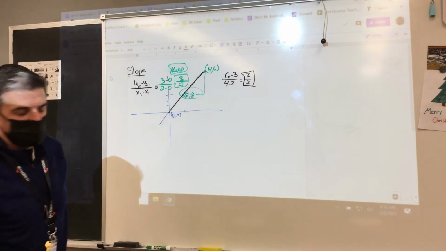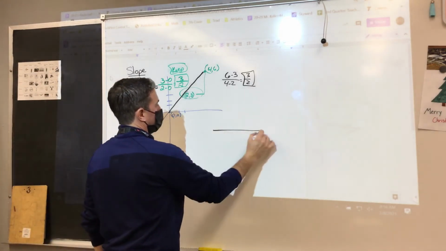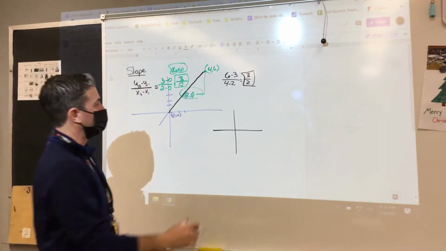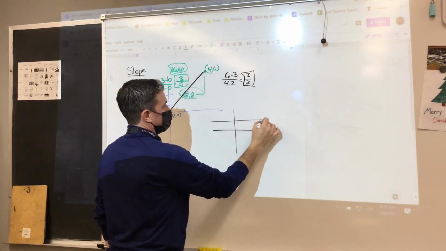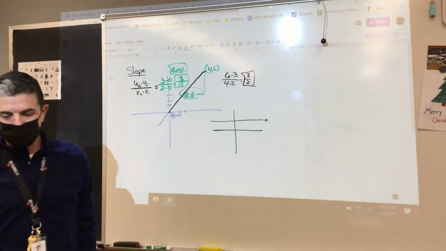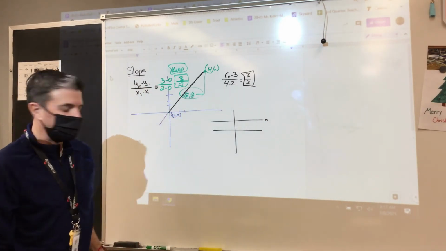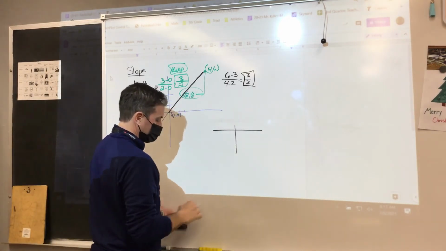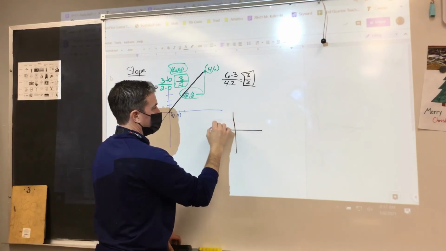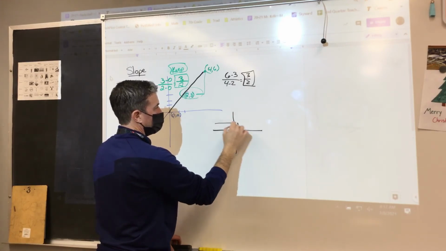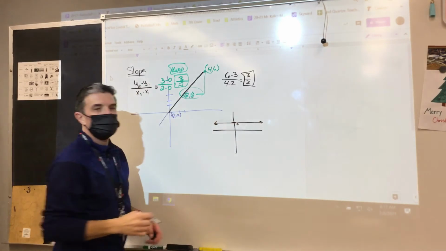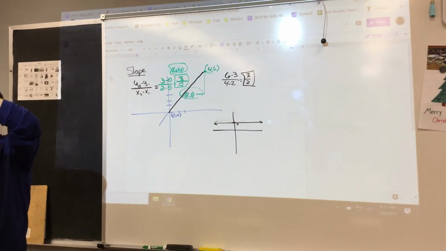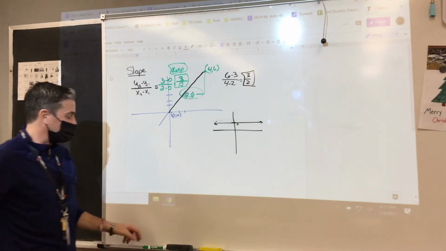Now they talk about a few there. What happens if you got a horizontal line? Okay? How much slope is in that? How much slope is in a straight line? None. 0. Okay, 0.